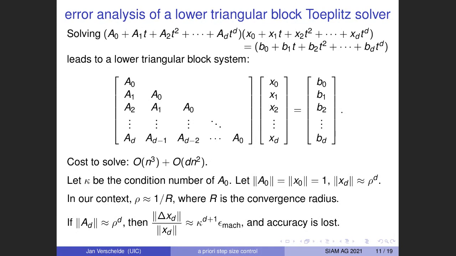This has the immediate consequence that all the good linear algebra that you know is immediately applicable, and you also have a sharp cost estimate. So there is overhead. There are some extra linear systems to solve, but it remains essentially cubic in the dimension.